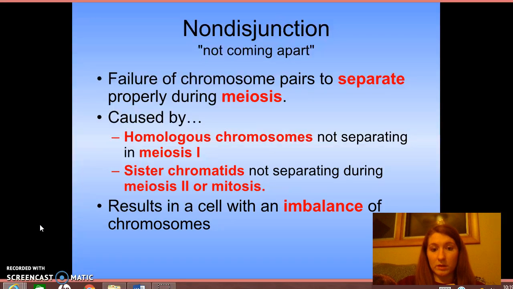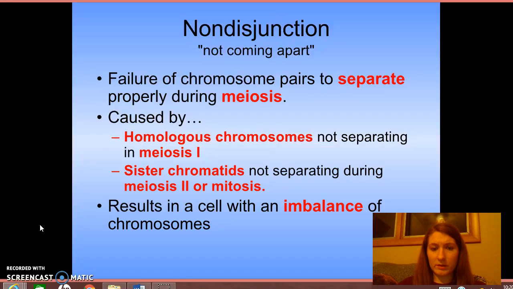And then the same thing with the sister chromatids. Three of them could separate to this side, and then only one of them could separate to another cell. So there would result an imbalance of chromosomes in the cell.